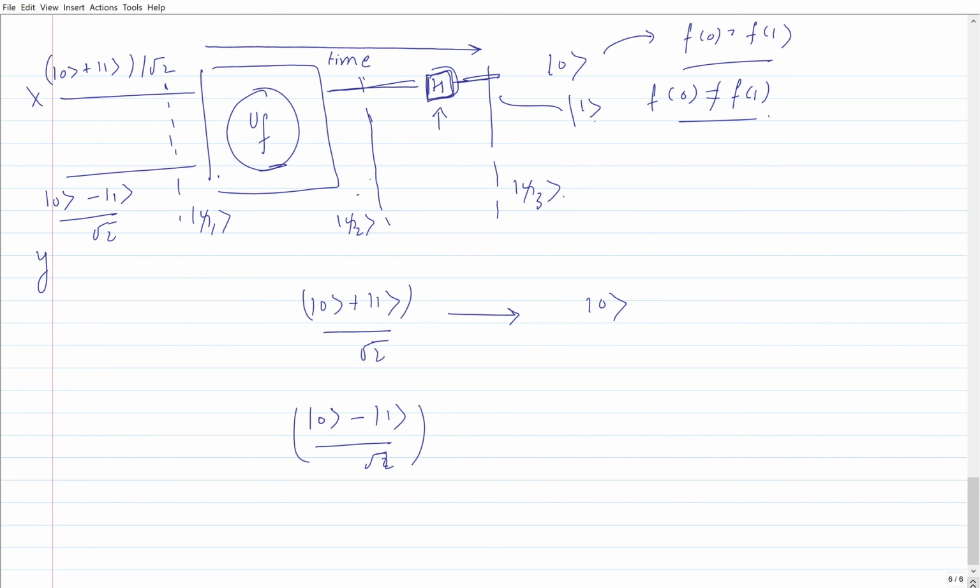So in a nutshell, we have evaluated a global property. Well, if a function is balanced or constant, it's a global property. A global property of f(x) using one evaluation.